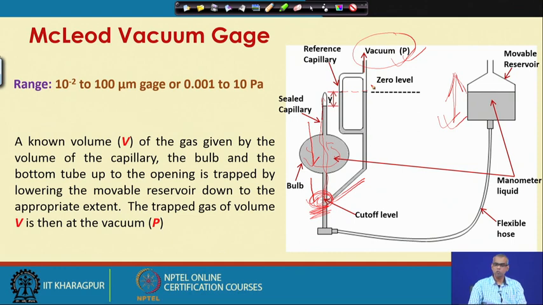So, there are basically two steps. First, you bring down the reservoir so that the mercury goes below the branching point, then you slowly raise it. The moment you come here, you get cut off from this part, and then you further slowly raise it, and you stop when the mercury level in the reference capillary matches with the 0 mark.